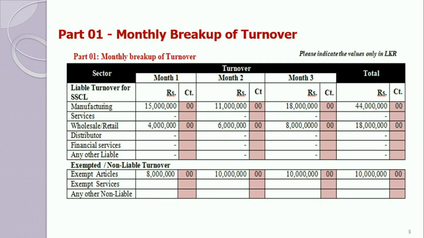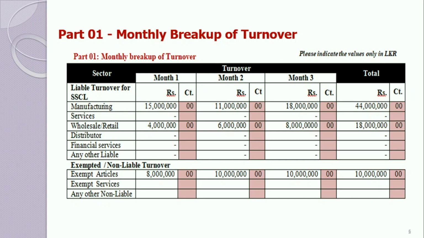As per the example, the company engages in supply of manufactured goods in the local market and exports. In terms of item 1 of part 1A of the first schedule, export of articles by the manufacturer is exempted from Social Security Contribution Levy.